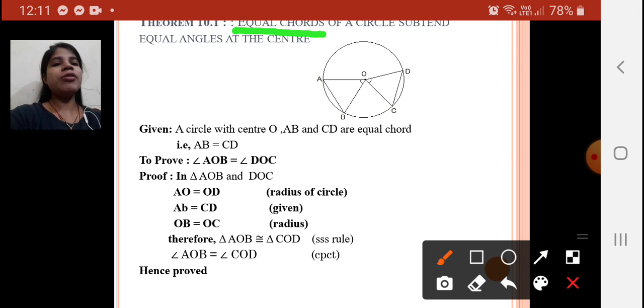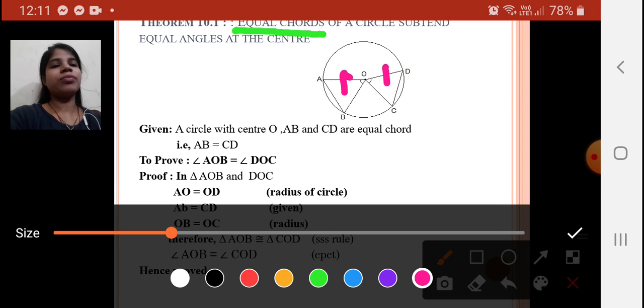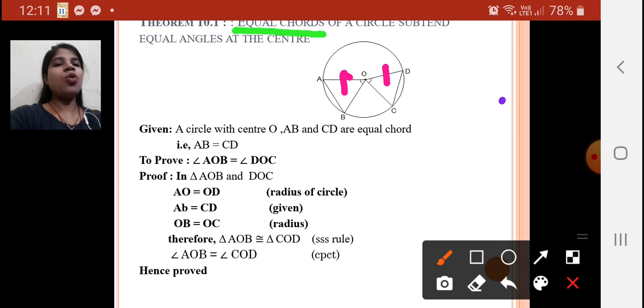In triangles AOB and COD, we have AO equals OC. These lines are equal as they are radii of the circle. Then we have AB equals CD.